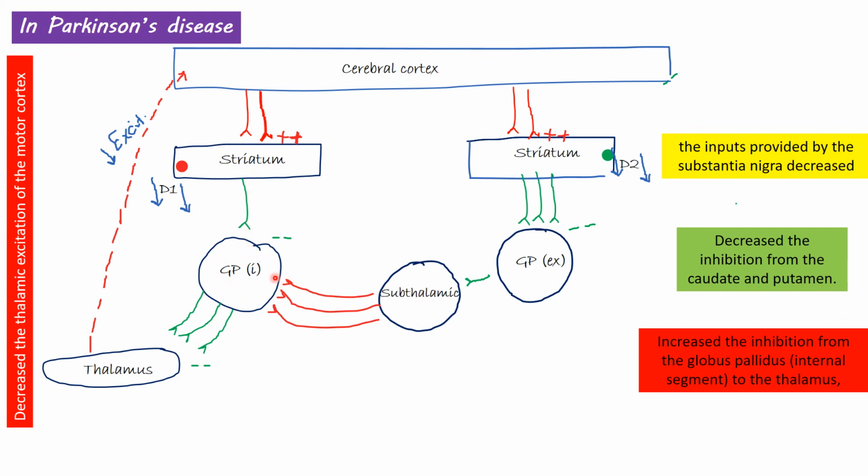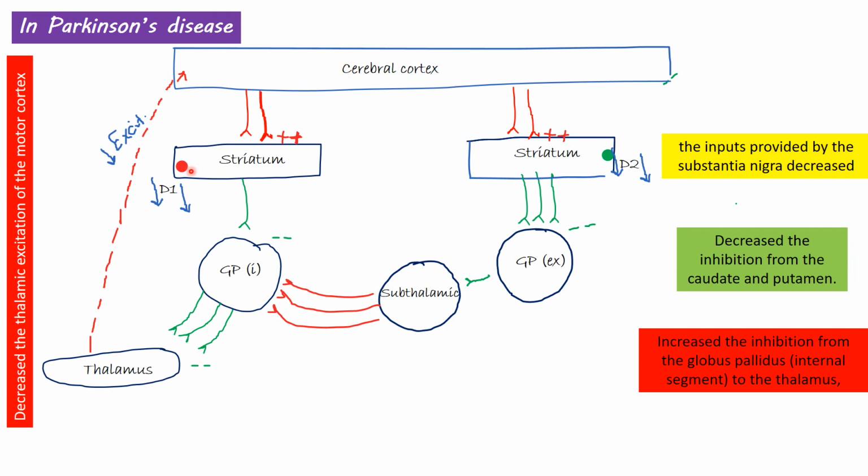So the globus pallidus becomes disinhibited or excited, leading to more release of GABA on the thalamus, more inhibition on the thalamus. This will lead to decrease in the excitation of the cerebral cortex. With decreased excitation in the cerebral cortex, the patient will suffer from akinesia, which is the most prominent manifestation in Parkinson's disease.